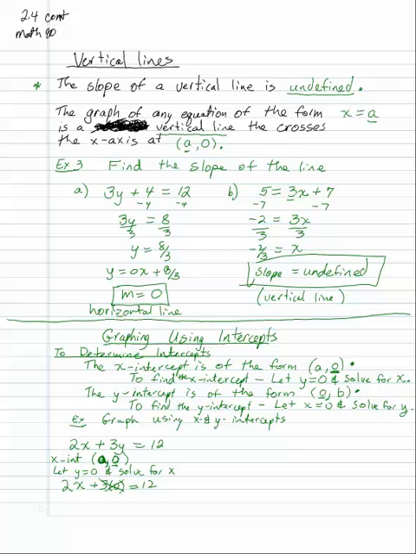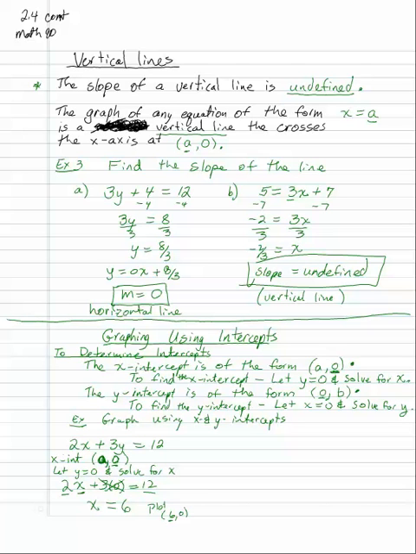And now 2 times what equals 12, and obviously x would have to be 6. So now I'm going to plot the point (6, 0). I'm going to go to 6 on the x-axis, put a dot there.